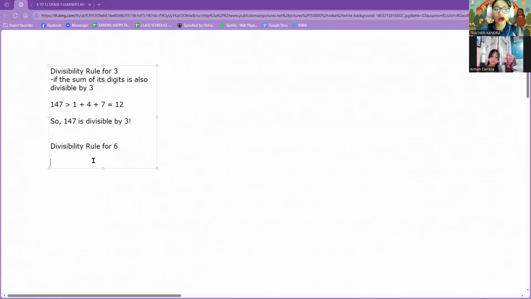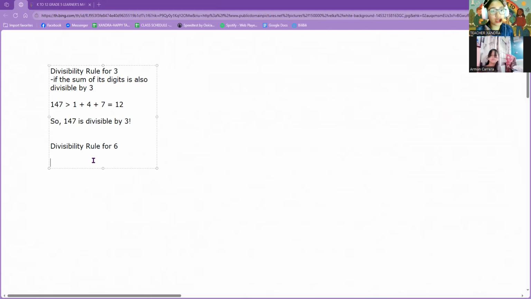Magiging divisible lang po siya ng 6 if that number is both divisible by 2 and 3. Do you still remember if that number is divisible by 2? If a number is divisible by 2, what are those numbers? The last digit is even. The even numbers.